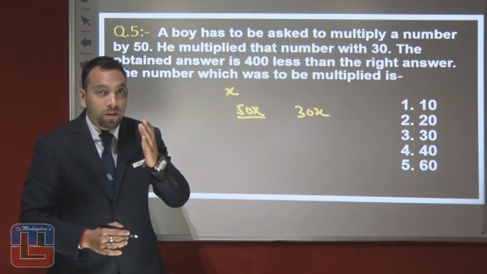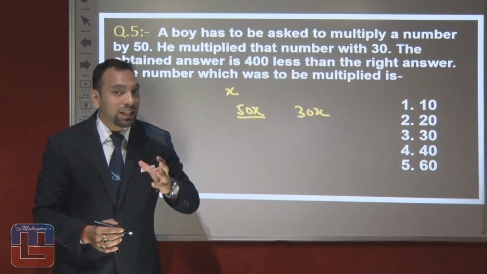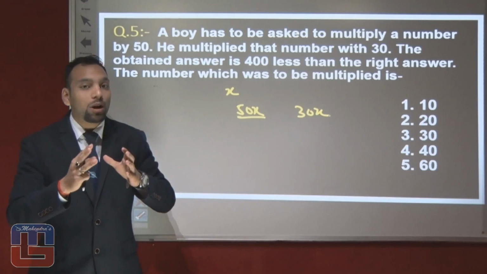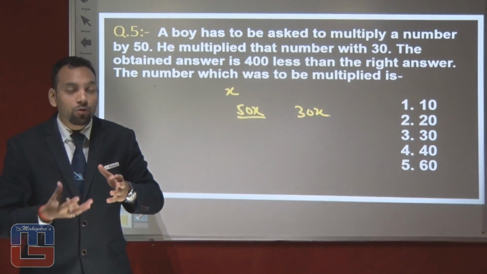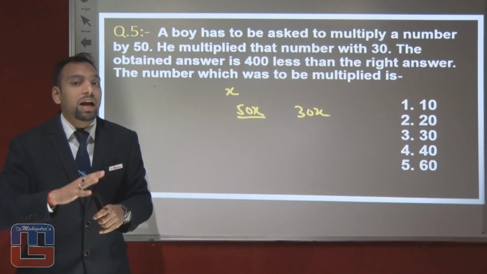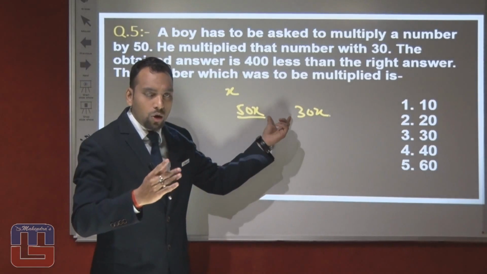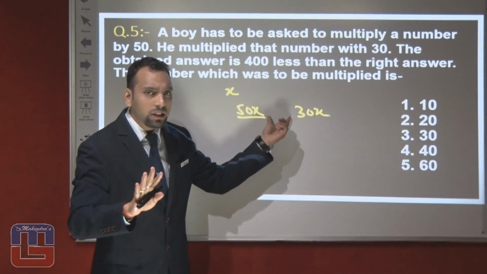Alright. Now see, the obtained answer is 400 less than the right answer. That means the number we are obtaining is 400 less than the right answer. So we can say that the difference between these two numbers will be equal to 400.